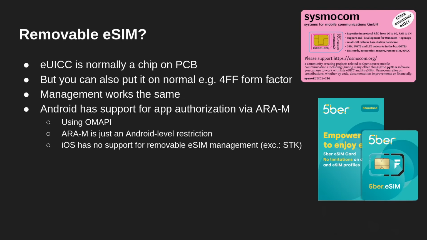The way that commercial ones, which also includes the Sysmocom card and the 5-bar card, and eSIM.me, I think there's maybe some other vendors of this, work for Android is that you can put a special field on the physical SIM card that tells Android to allow a specific app to talk with the SIM card using an authorized channel, which is using the OMAPI, Open Mobile API, which can be used to access the secure element in the SIM card.